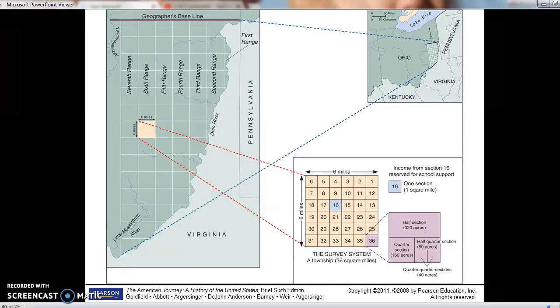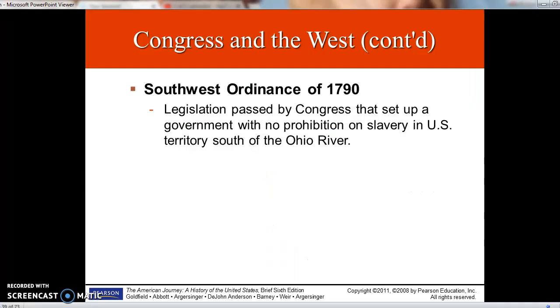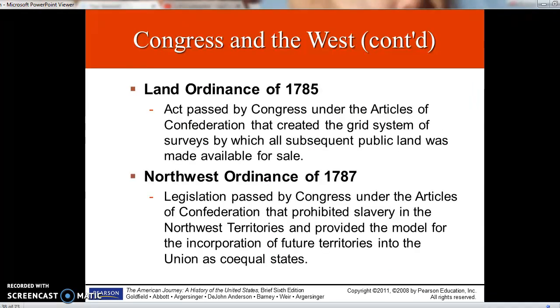So you won't see a big boom in land and people moving until we drop the price of land significantly. But the Land Ordinance sets up this grid system and how we grid out every piece of land in the United States for sale.